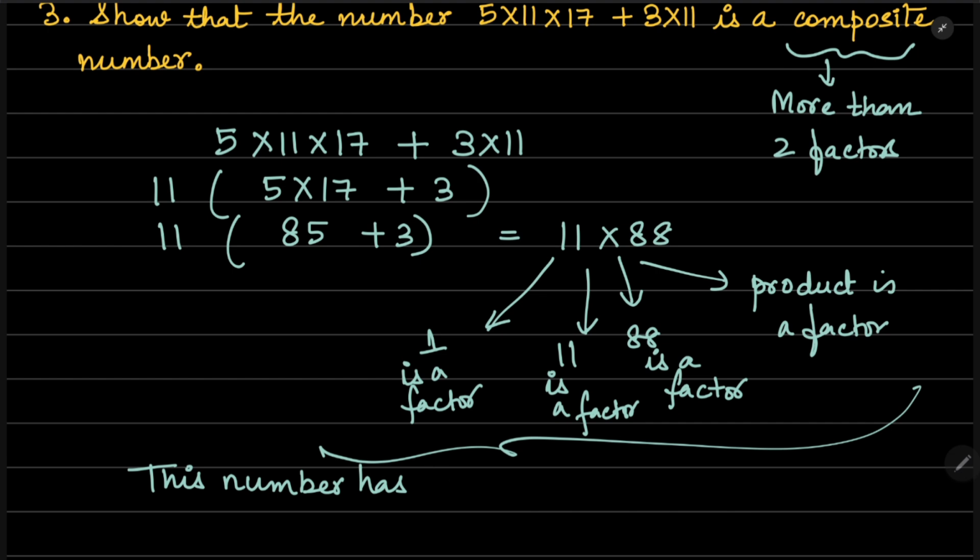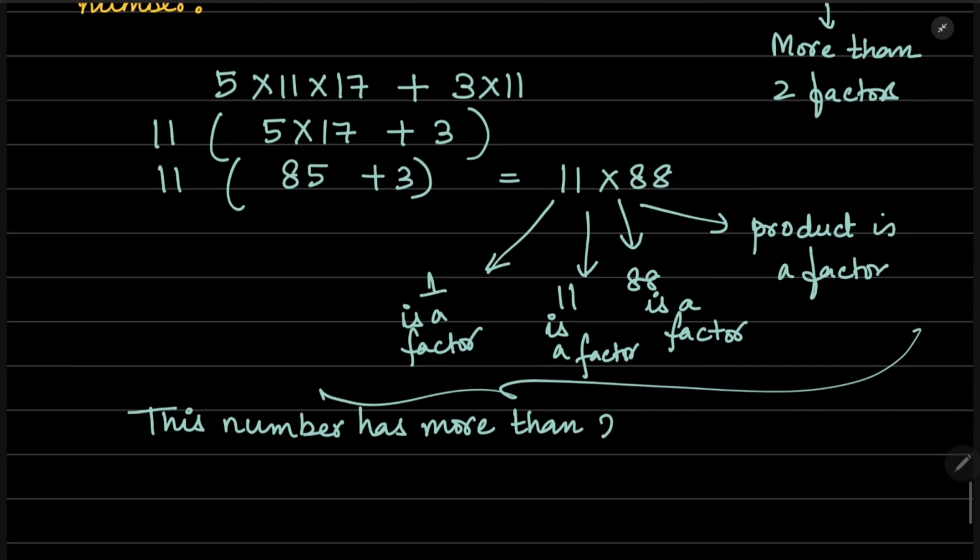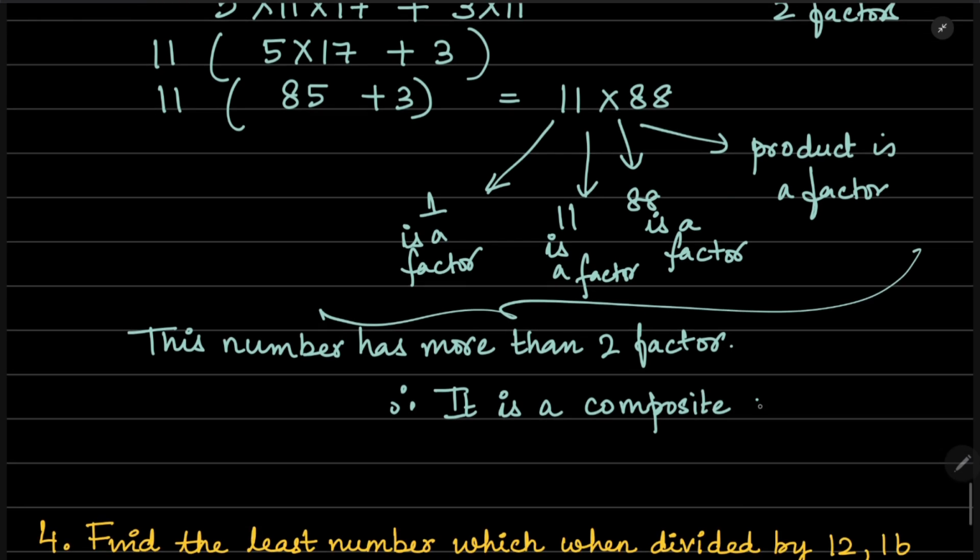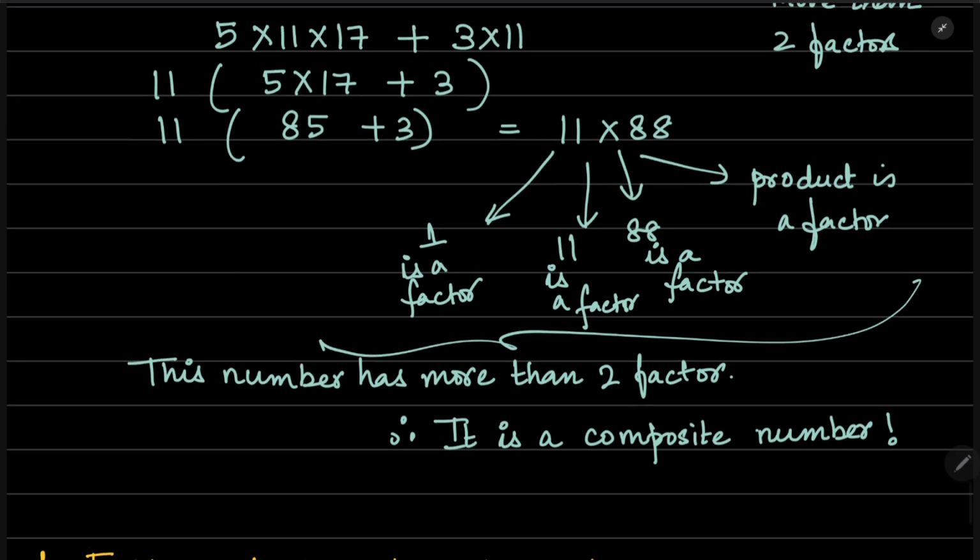So we can write more than 2 factors, right? Clearly has more than 2 factors. Therefore, it is a composite number.